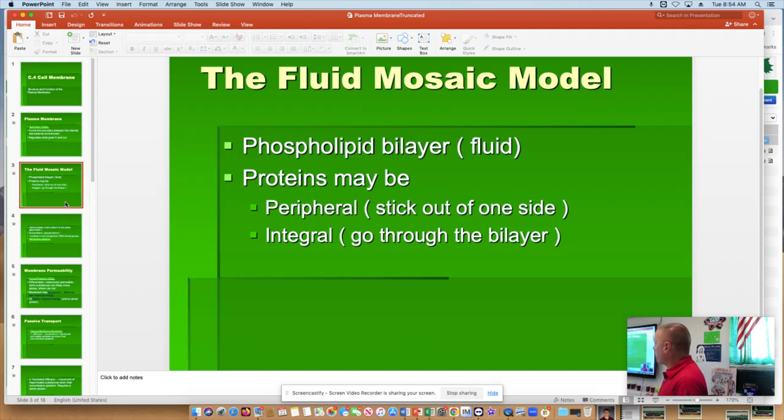So that's why I call it a peripheral protein, because it just sticks out to the side. Brenna, if we remove that peripheral protein, would it make a hole all the way through the membrane? Different from the one that Caden was looking at, the integral one, which goes clear across. So if you take it out, it's going to leave a hole. If you took the peripheral one out, it'd leave a hole in one side of it, but not all through.